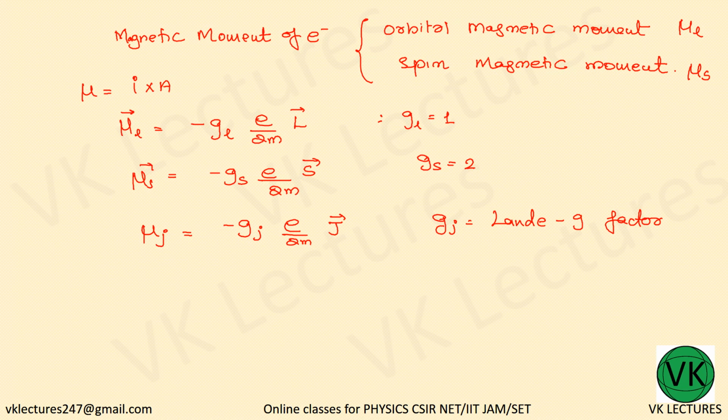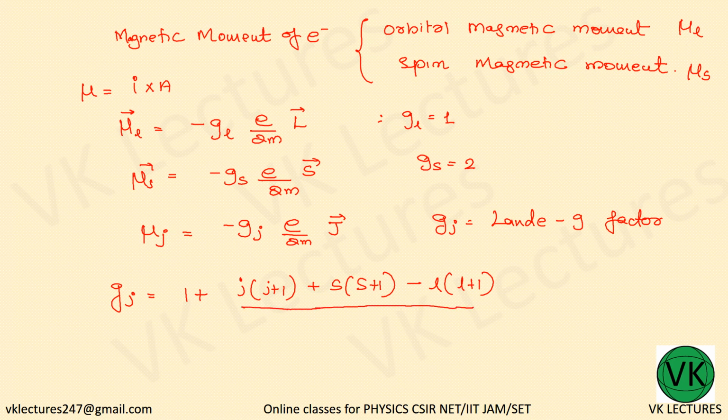The value of gJ is given by gJ is equal to 1 plus J into J plus 1 plus S into S plus 1 minus L into L plus 1, divided by 2 into J into J plus 1. So this is gJ.